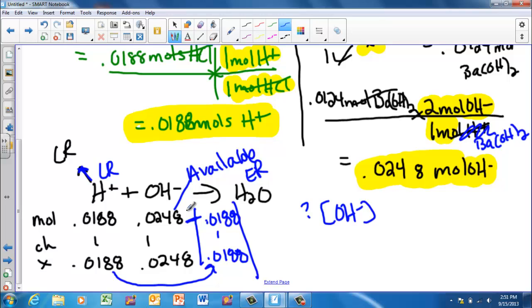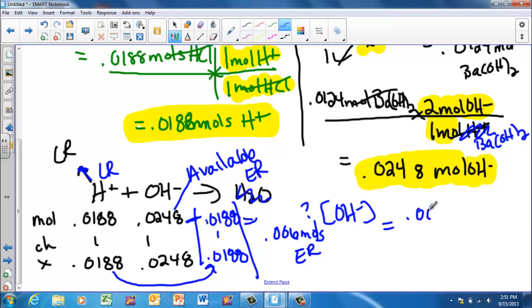Okay, so when I take 0.0248 and I subtract 0.0188, what I end up with is going to be around 0.006. I'm not really worried about the water here, but it's 0.006 moles of excess.